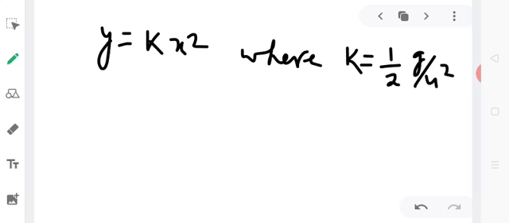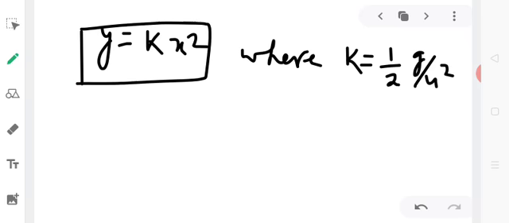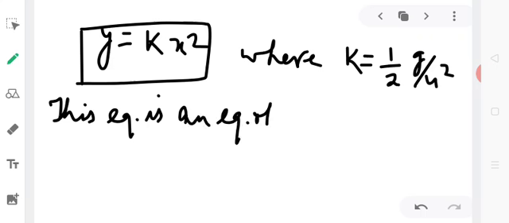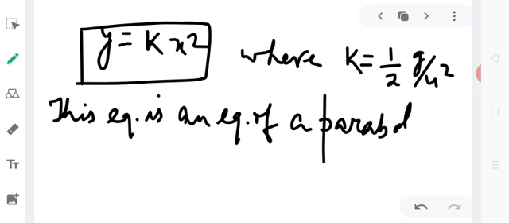It is a constant. Now this equation is an equation of a parabola which is symmetrical about y-axis.